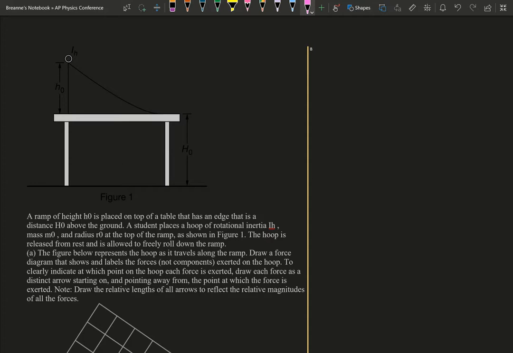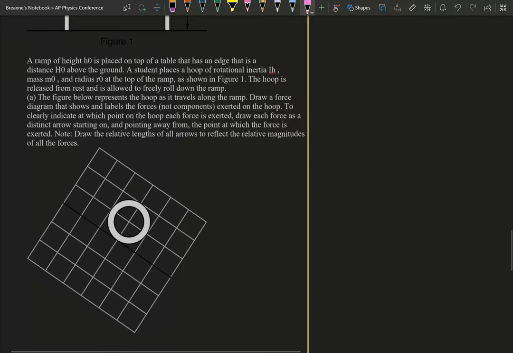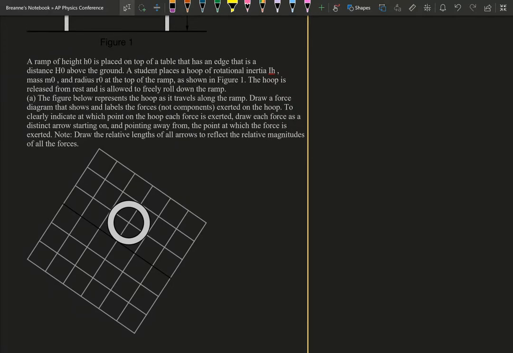Draw each force as a distinguished arrow starting on and pointing away from the point at which the force is exerted. Note, draw the relative lengths of the arrows as relative magnitude. So basically, length matters. So think about what's going on here.